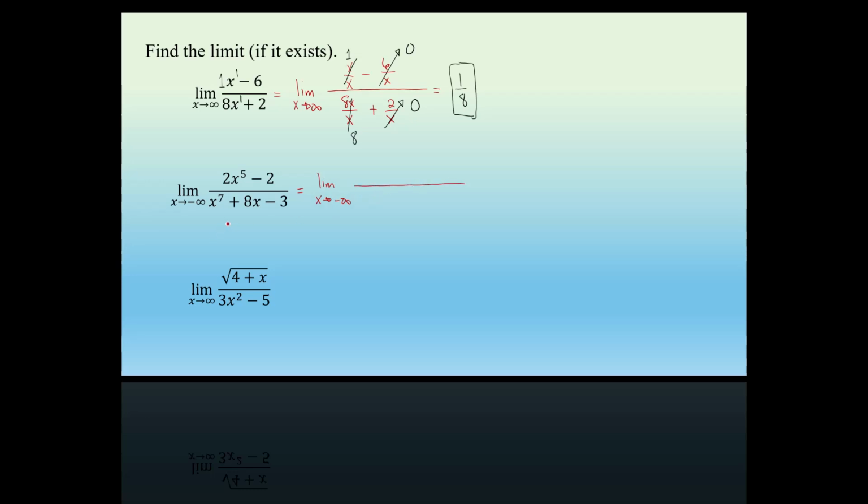Okay, so what is the highest x in the denominator this time? x to the 7th power. So I'm going to divide everything by x to the 7th power. And then we'll clean it up.